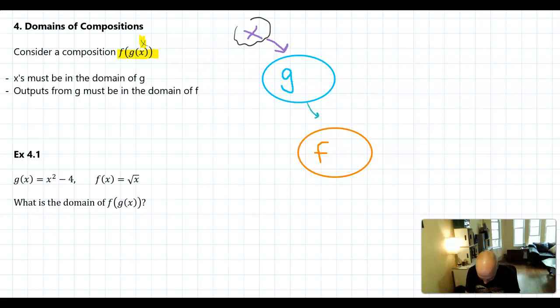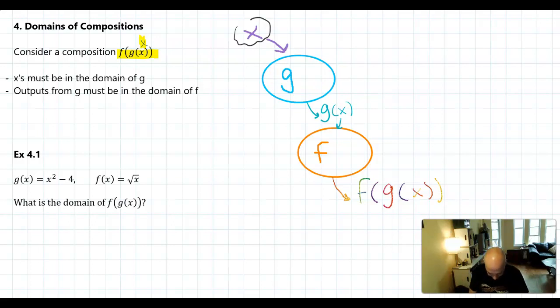But it comes out, and we can say it's some g of x. Then it's those g of x's that go into the function f. The function f never sees what the original x was. The function f only sees the already transformed versions from g. And then out from the function f, we get f of g of x as the final result. And that would help us think about domains.